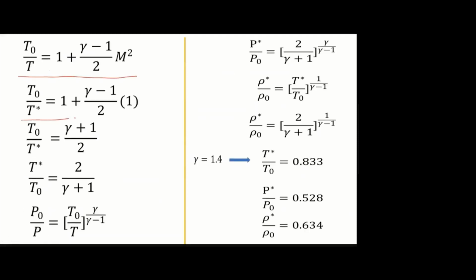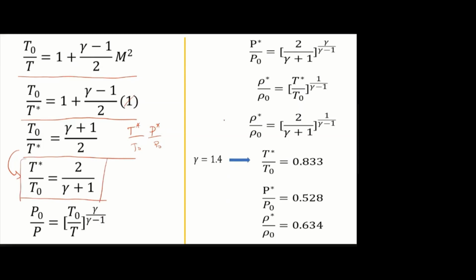Then the Mach number is 1. The remaining you can rearrange and simplify, and you will get gamma plus 1 by 2. Mostly in the gas table, they mention T star by T naught, P star by P naught, like that. So they are taking the inverse of T naught by T star, that is, T star by T naught. So this is the final form.